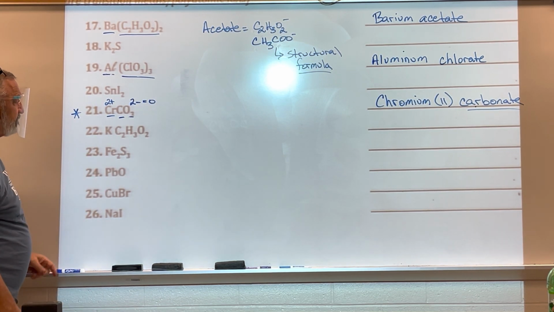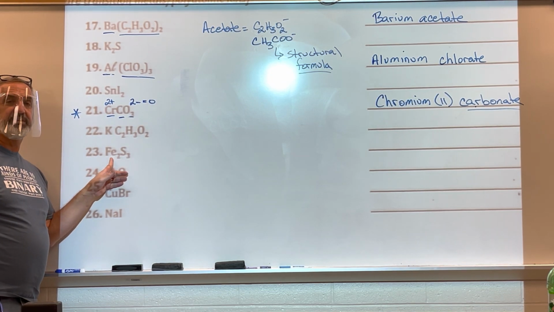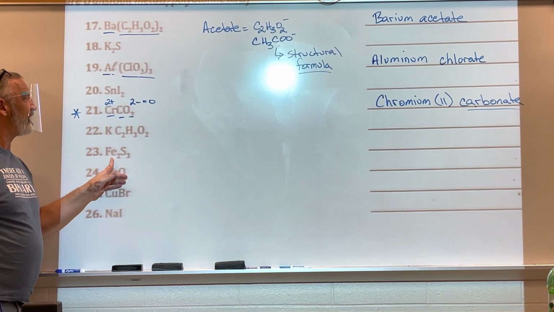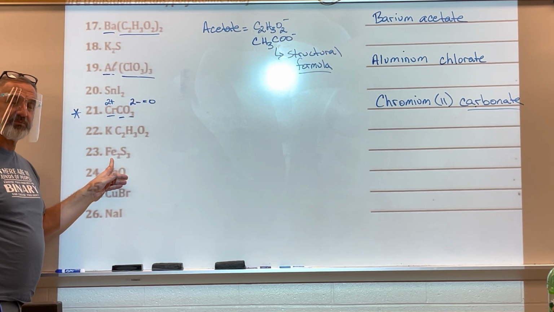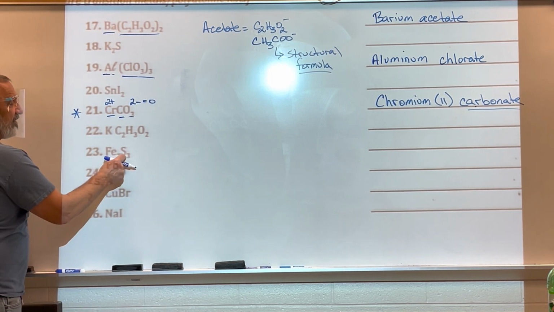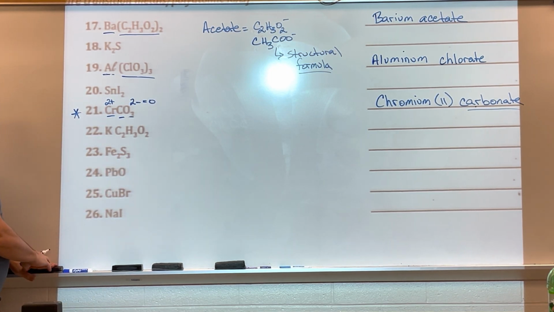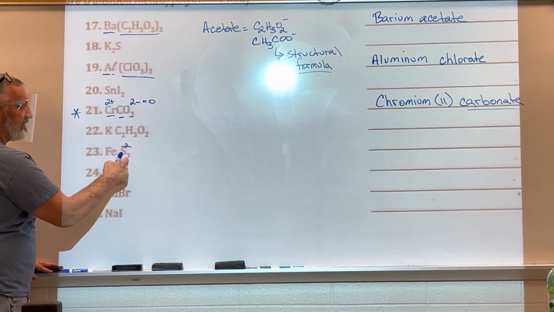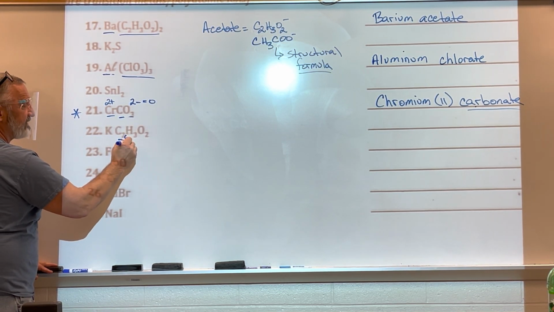23. Is the positive thing hydrogen? No. Is the positive thing a metal? Yes. Does iron have more than one oxidation state? Yes, it can be 2, 3, or 6. So again, now I have to look. What's sulfide's charge? -2. So the total charge is -6.